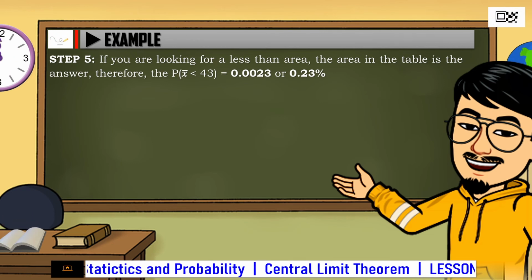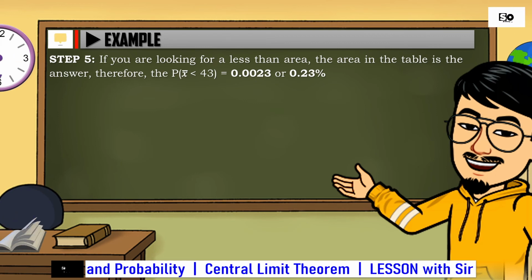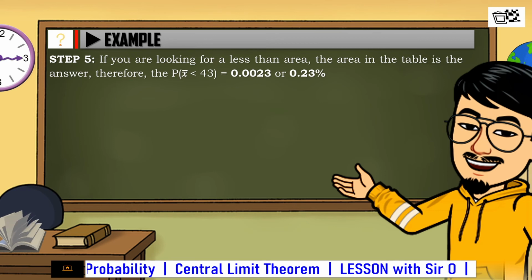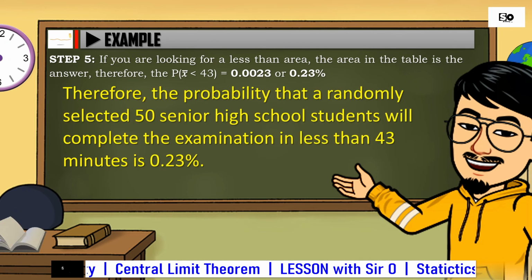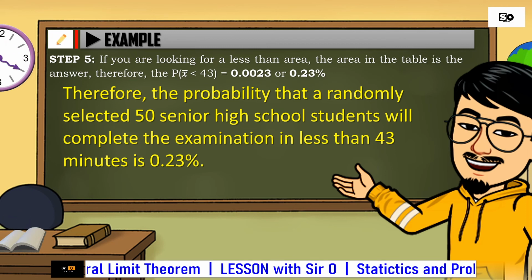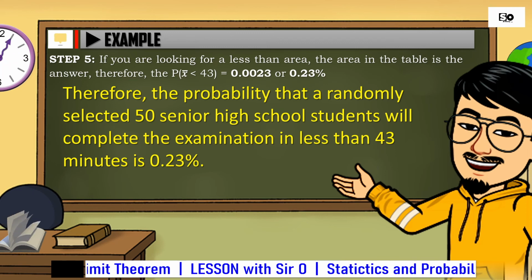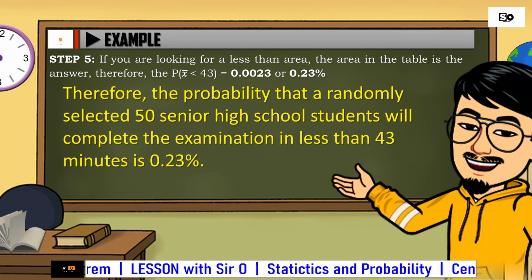Therefore, the probability of having less than 43 is equal to 0.0023 or 0.23%. Therefore, the probability that a randomly selected 50 senior high school students will complete the examination in less than 43 minutes is 0.23%.